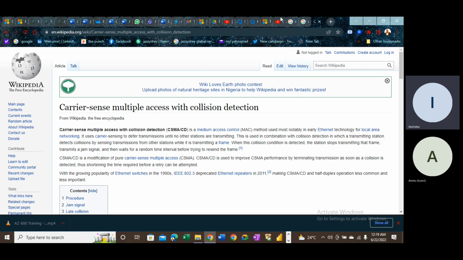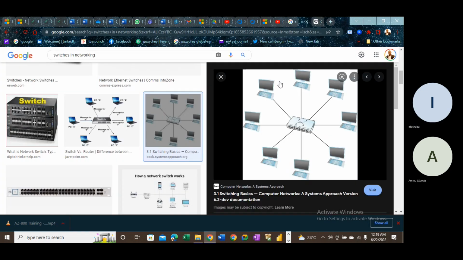Let me go back so you can understand the scope. This one wants to talk, this one wants to talk. But if they are using that hub I told you about, all of them will be talking and transmitting, and the whole place will be jammed because all of them are talking at the same time.